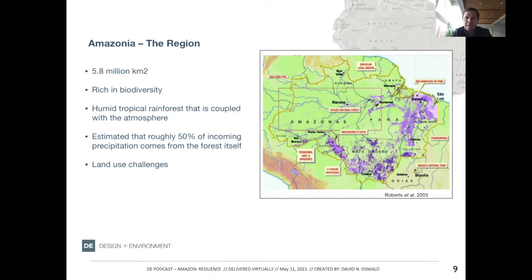So it is so coupled, and the common person doesn't really know how coupled it is. It is so linked and so interdependent and so coupled that it's estimated that roughly about 50% of the incoming precipitation, so the 50% of the rain that falls in this rainforest, is actually coming from the forest itself.